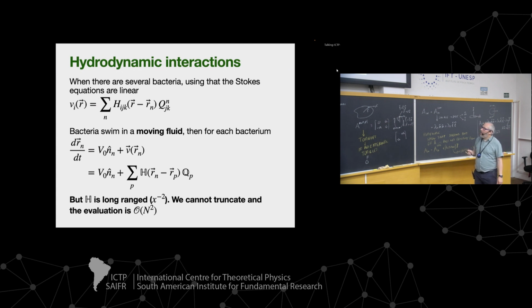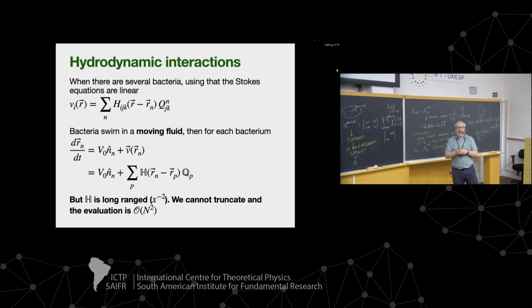The problem here is that H, as we just saw, decays like 1 over distance squared. So we cannot truncate, as compared with the AVP model, where the interactions are short range and we can truncate the force and use link cells or Verlet lists. Here we cannot truncate.